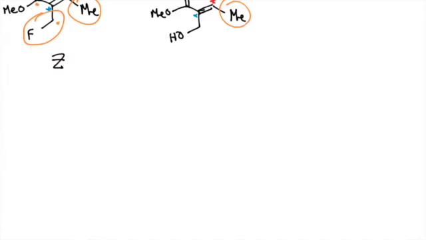On the blue carbon we have 2 carbon atoms that it's connected to, so we have to move along further down the chain, and now we get to oxygens in either case, but this time the top orange carbon atom is bound to 3 oxygens, while the bottom orange carbon is only bound to 1 oxygen. And so in this case, the atomic number is the same, but the number of oxygens it's attached to is higher, so that makes the top carbon higher priority, and so this now is an E alkene. They're on opposite sides.